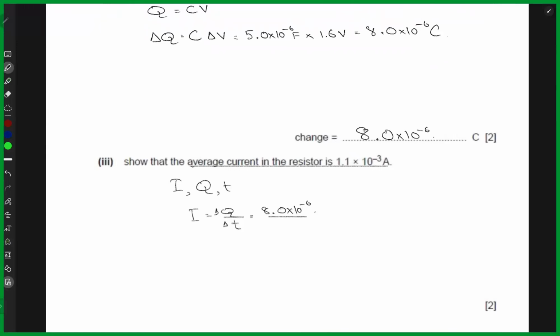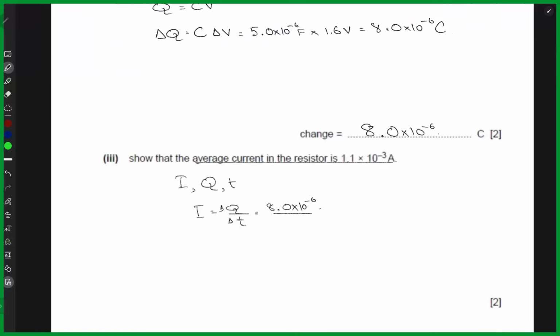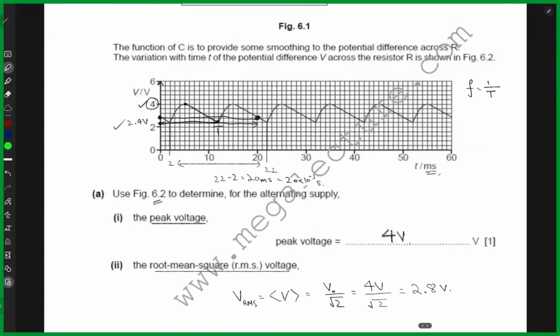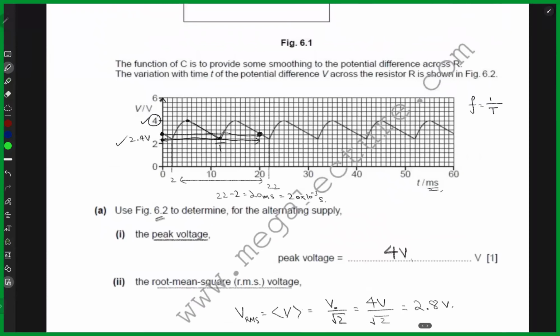So if I can figure out the time taken for discharge, then I can figure out this current I. Looking over here, at this point it's at peak, and at this point it has dropped to the minimum value, so it has discharged.